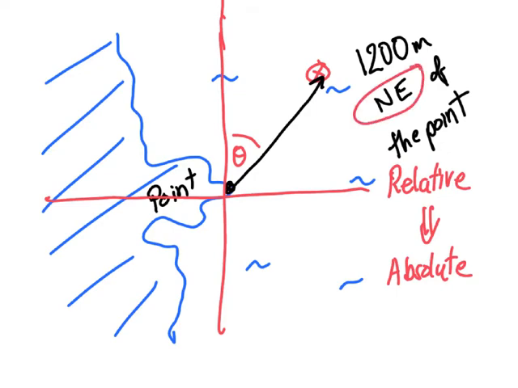We know because we're northeast of the point that angle, theta, equals 45 degrees, being northeast. We also know our distance is 1200 meters. So now we have a distance and bearing, so we have a relative location. How can we convert that to an absolute location?